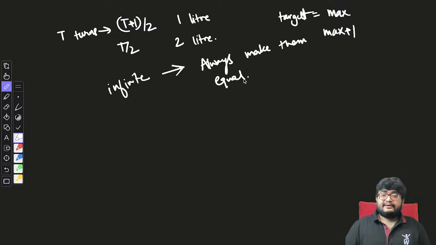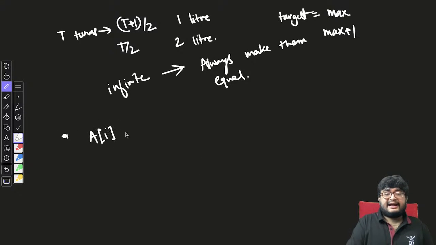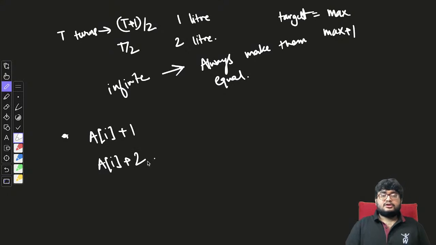Could you explain max again? Sure. You are just doing these two things. In an array, you can just do a[i] += 1 or a[i] += 2. So what can be the value where you can end up so that all of them are equal? The max element, you can never reduce this, right? You can only increase the array values.